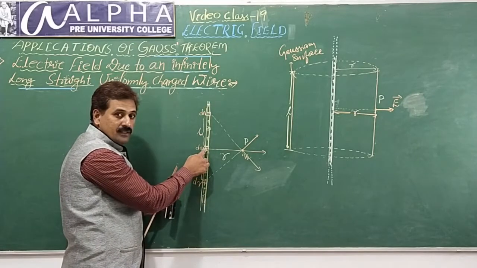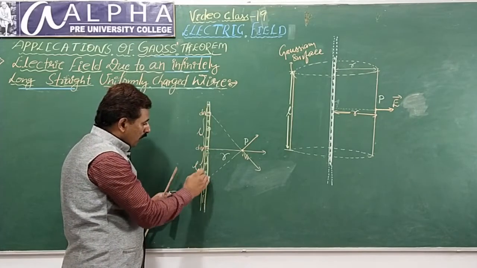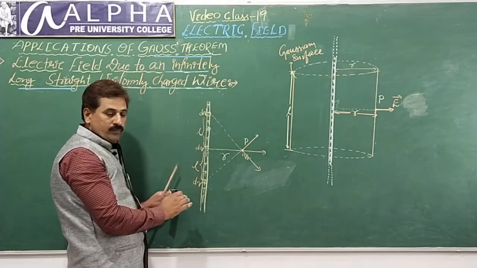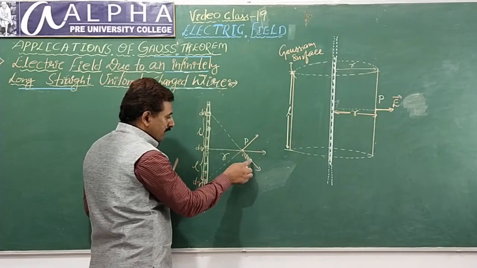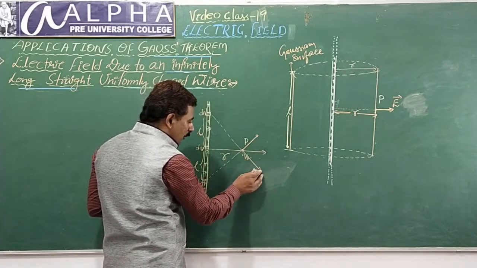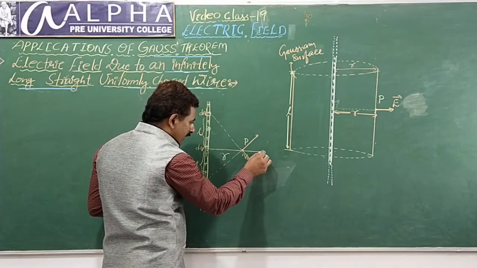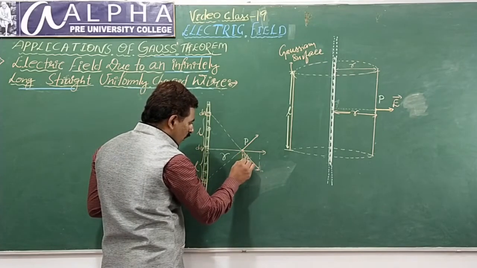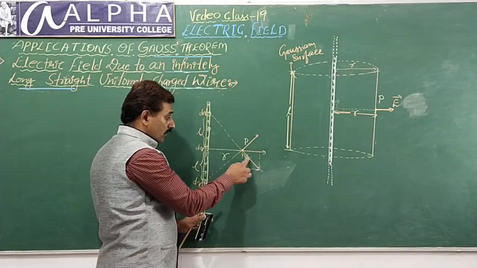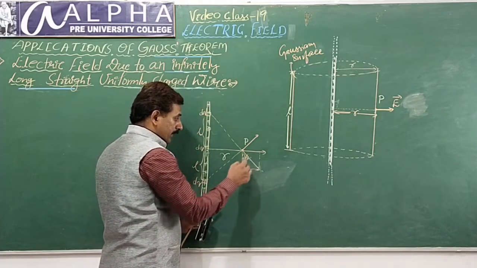So every point below has a corresponding point above, for which electric fields can be shown this way. Now, if you resolve the value of this, you draw a parallelogram, right? Parallelogram. You know how to find the resultant, and resolve a vector into two components.